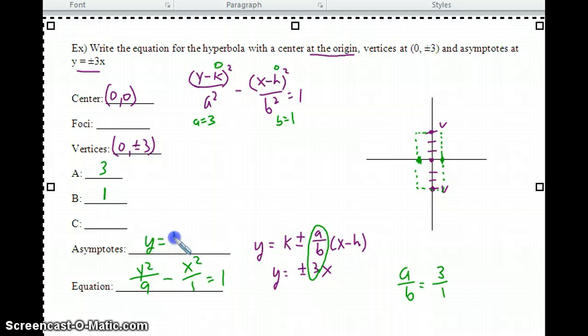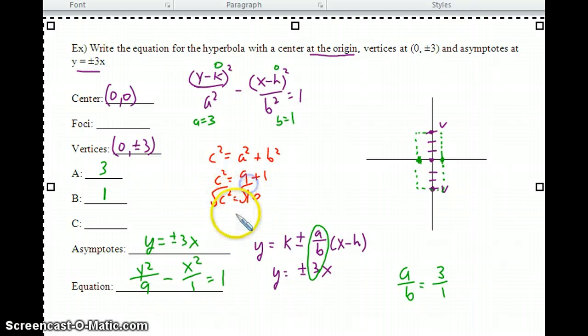Let me just finish in the rest of the information that we were given here. We already know the equations for the asymptotes. C and foci, I can find those next by using the relationship that c squared is equal to a squared plus b squared. So 9 plus 1 would mean that c squared is 10. So c is the square root of 10, which as a decimal is about 3.2.